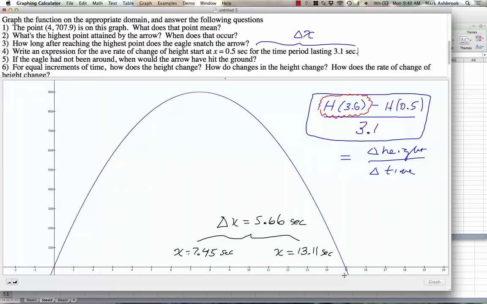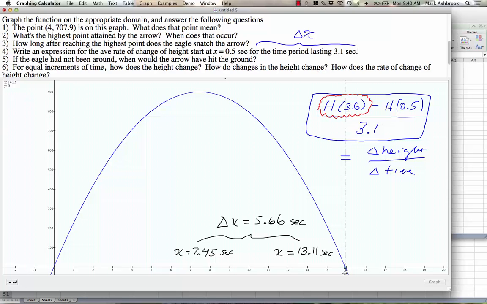When a function hits the x-axis, you know what that's called? A 0 or a root. A root or a 0 is a value of x that makes the y equal to 0. And that's what we want. We want the height to be back to 0.